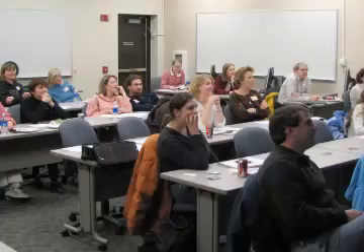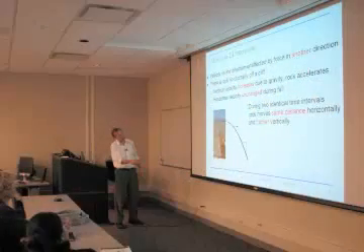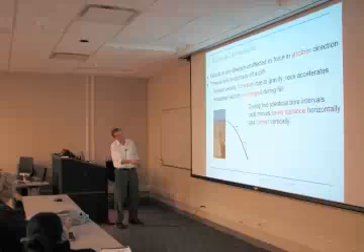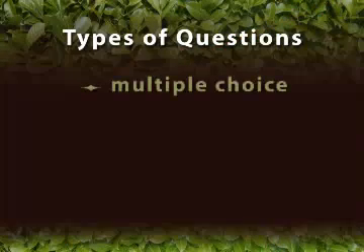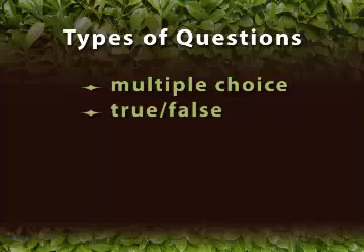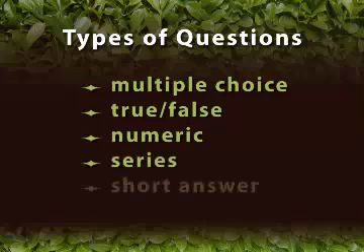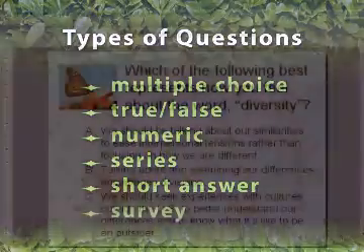The best questions address a specific purpose in the class, such as directing attention or raising awareness on certain topics. Most systems support many types of questions: multiple choice, true/false, numeric, series, short answer, and survey.